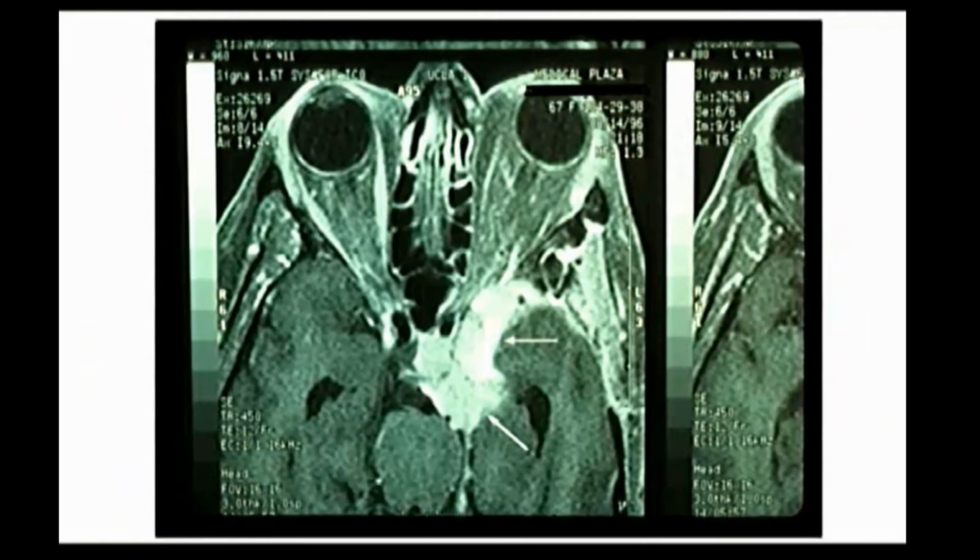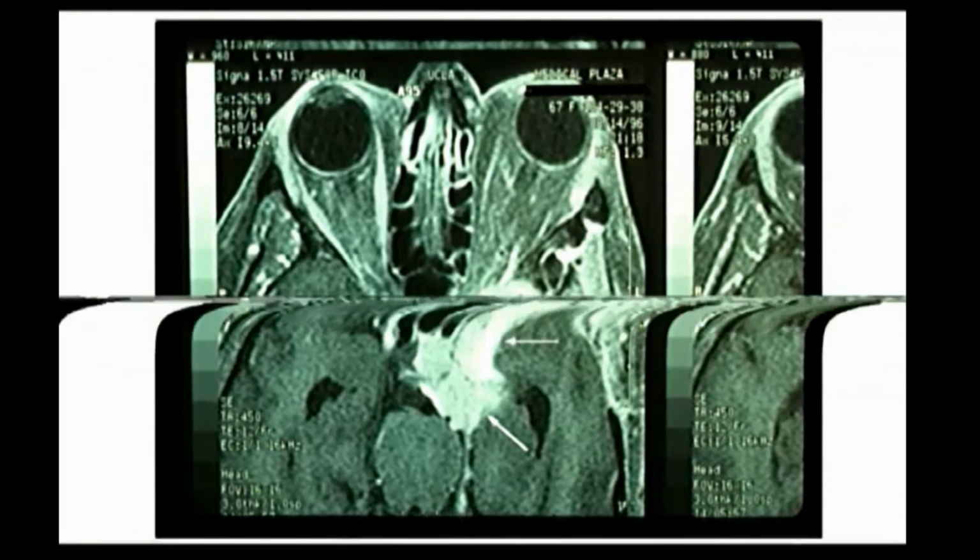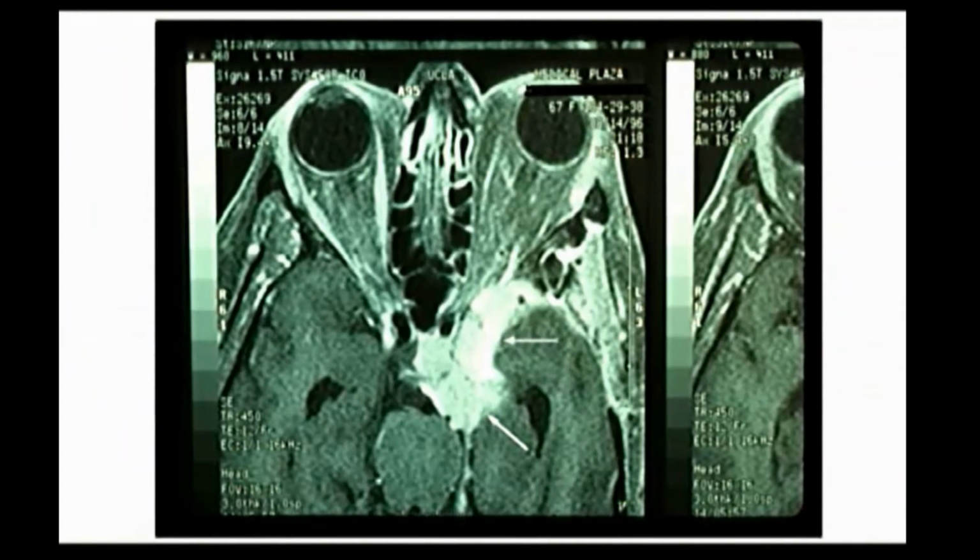So this is an MRI photo showing, it looks like cavernous sinus thrombosis. Cavernous sinus what? Thrombosis, or a compressive lesion along the orbital apex. It's a mass. That's a mass in the cavernous sinus. Yeah. Compressive lesion in the cavernous sinus.